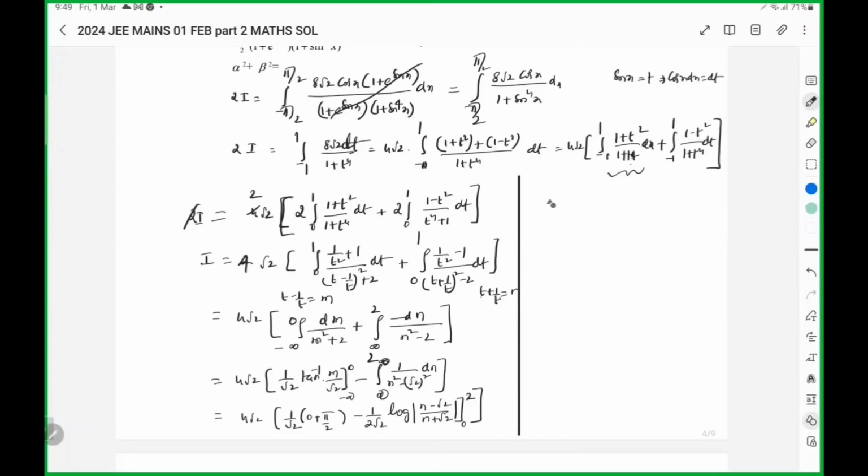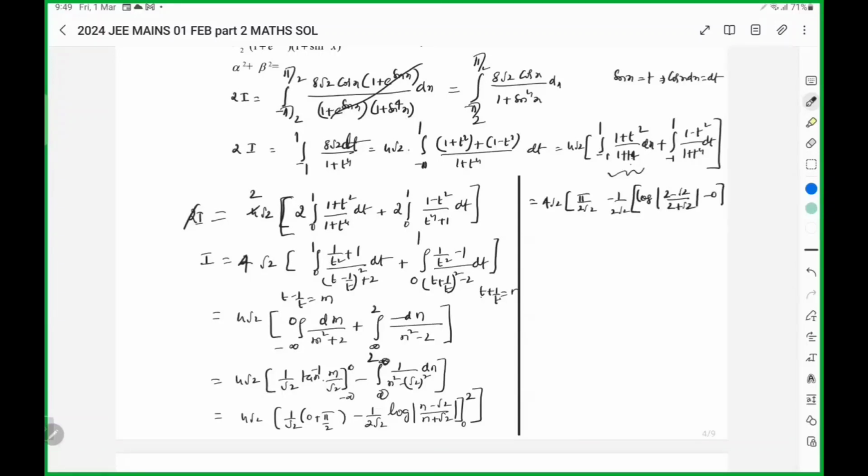So here it is 4 root 2, pi by 2 root 2. Here it is log of 2 minus root 2 by 2 plus root 2.